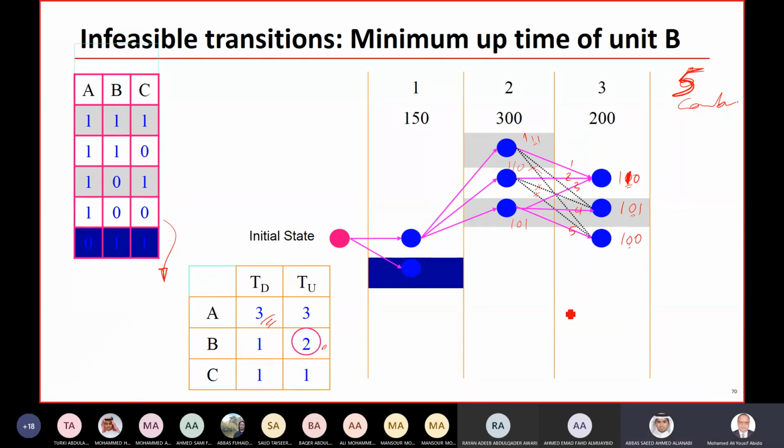Okay. Clear. So this is 1, 0, 0. So the solution now, you can imagine the solution in general. Doesn't necessarily have to be the minimum, but one of the solutions you can say is 1, 0, 0. This is for the first period, second period, third period: 1, 0, 0, and 1, 1, 1, and 1, 1, 0. This is one of the solutions.